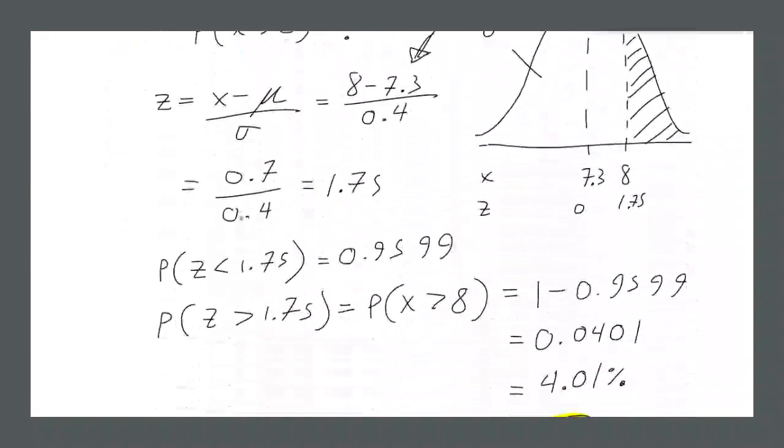Okay, so rather than knowing the X value, converting to Z, and finding the corresponding probability, we're given the probability value, we find the corresponding Z value, and then convert to X.